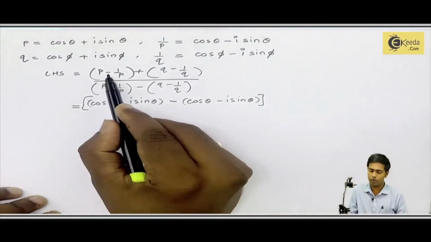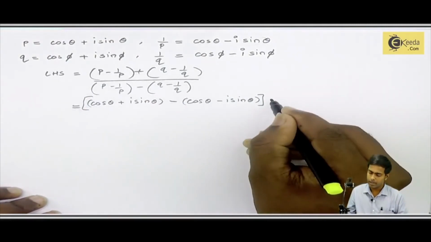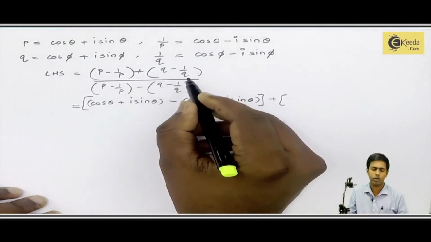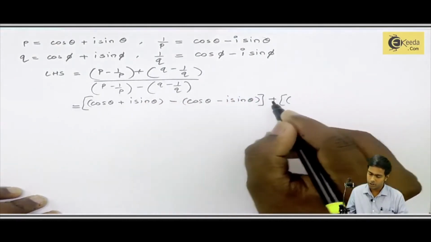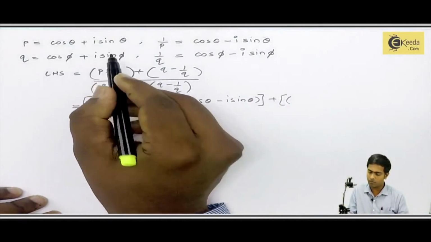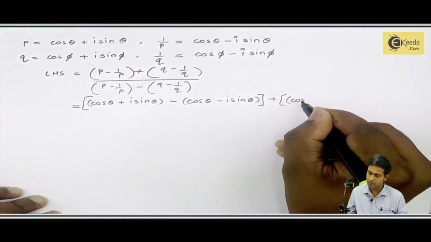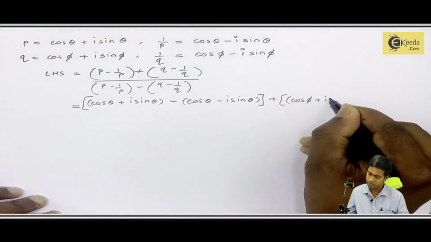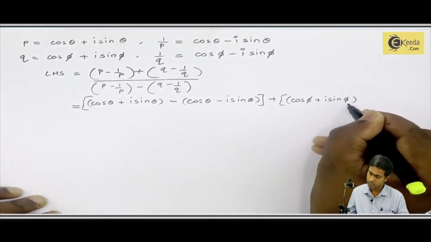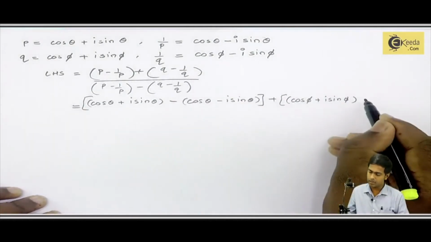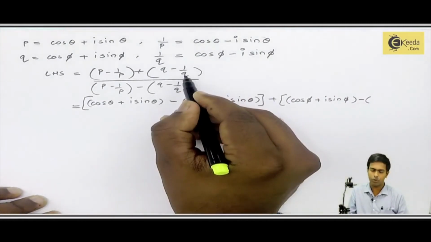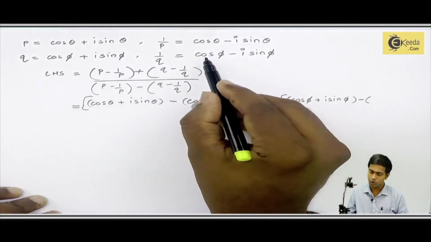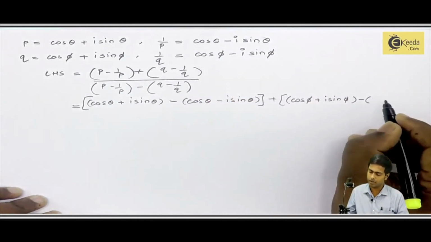So we got the value of P minus 1 upon P. Next, similarly for Q minus 1 upon Q, we will get Q is cos phi plus i sin phi. Minus 1 upon Q is nothing but cos phi minus i sin phi.